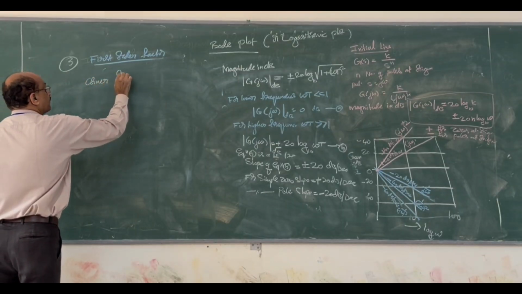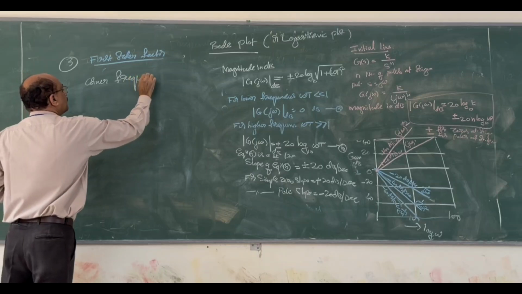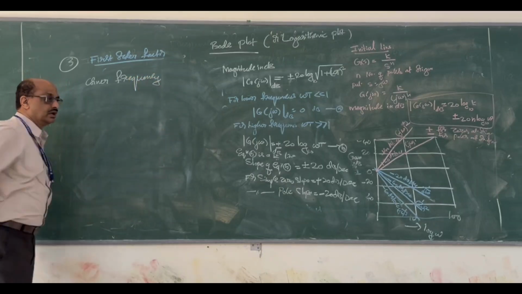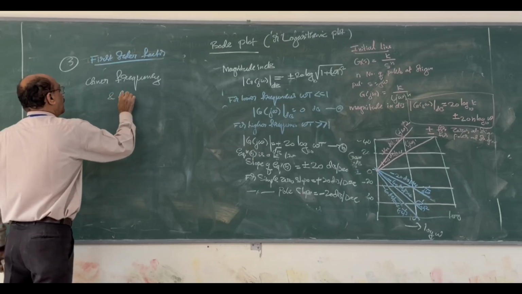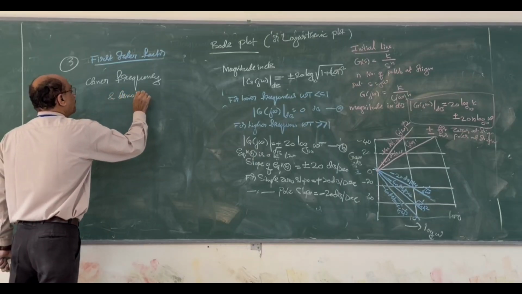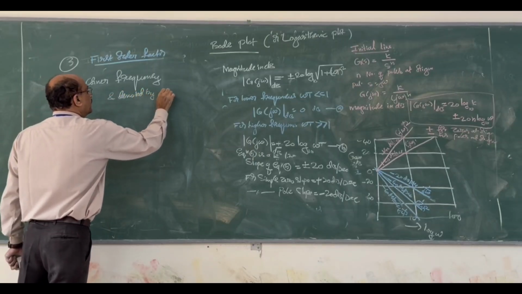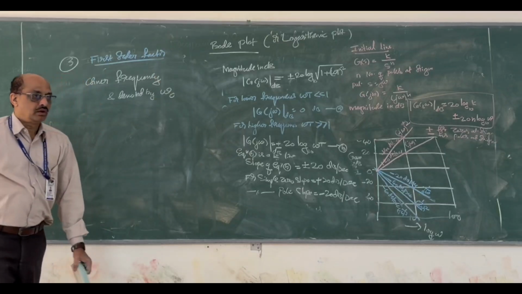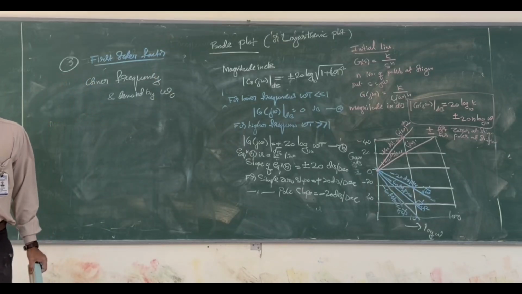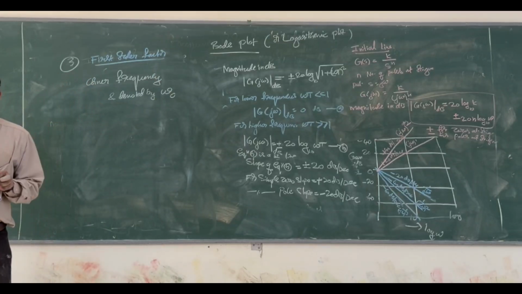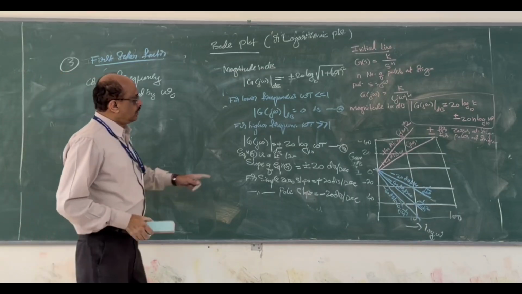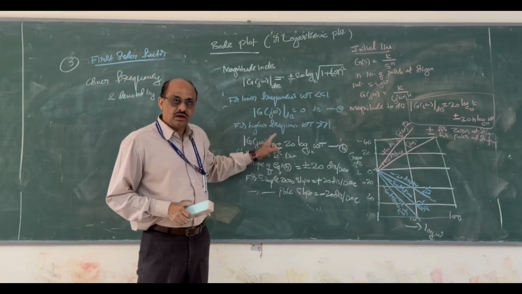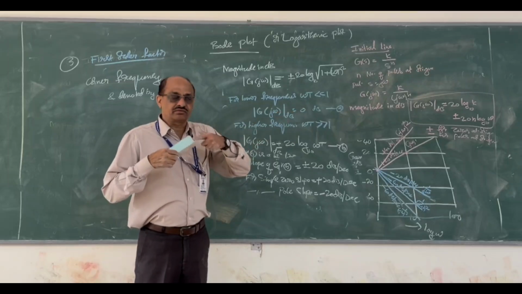Corner frequency, denoted by omega c. And now, where do they meet? They meet when they intersect with each other.